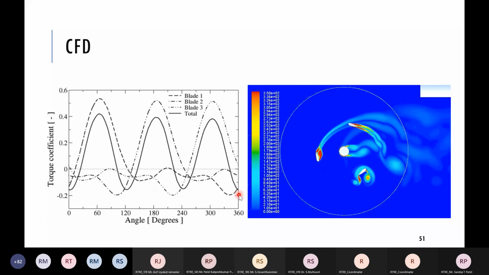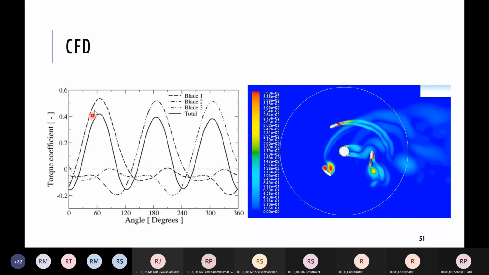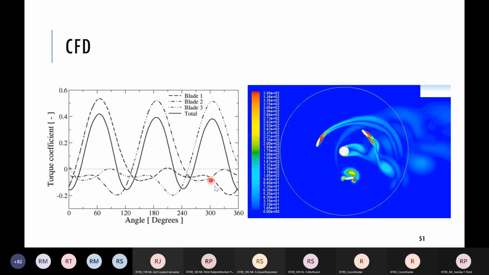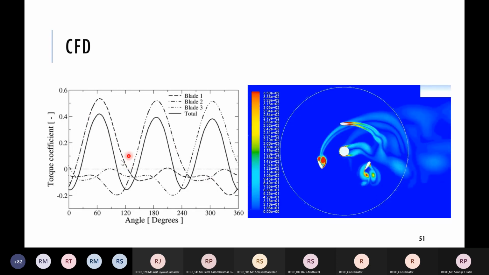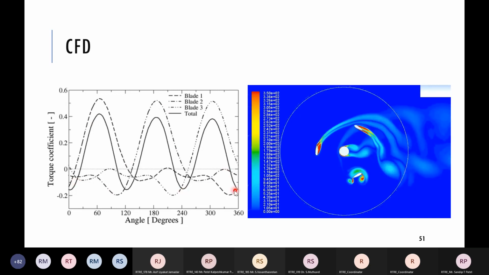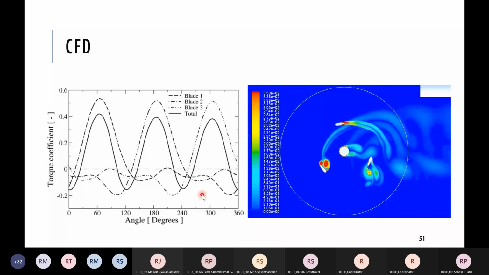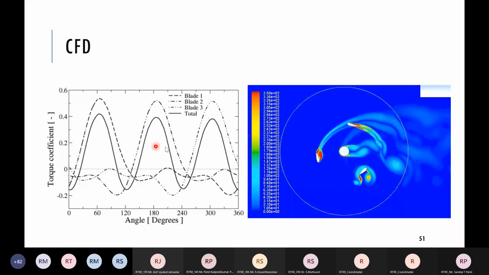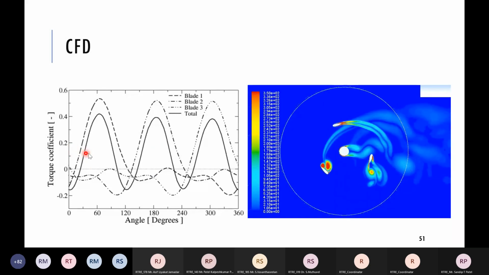So it gets a peak and then negative torque occurs, but the average torque would be positive. So here with the solid line, the total torque, you can see it has 3 peaks and 3 valleys because 3 rotors are there. So this is theoretically and experimentally valid behavior.